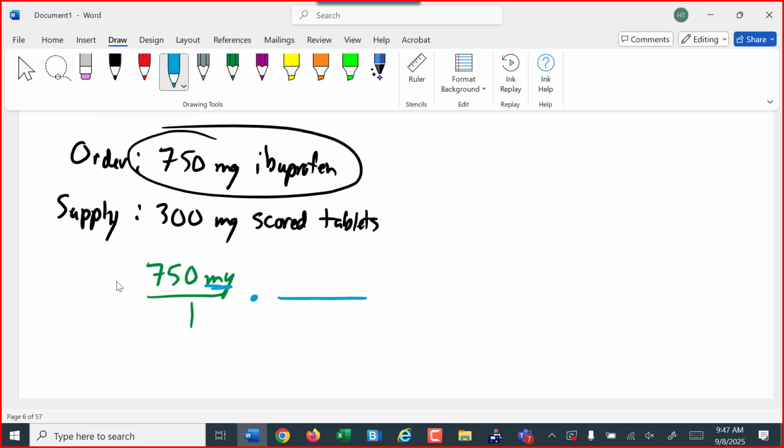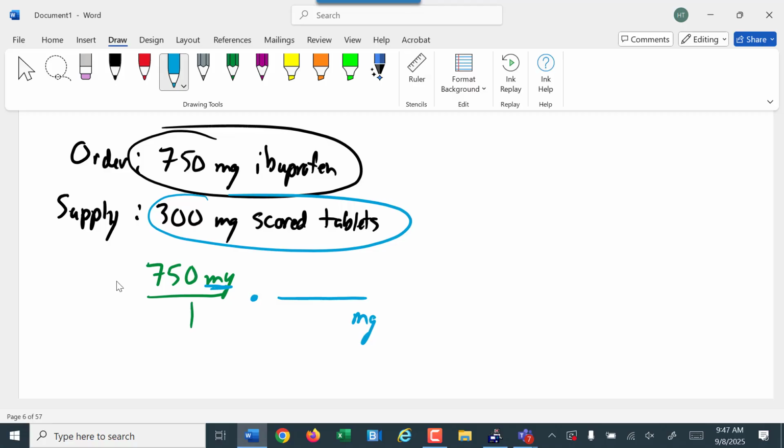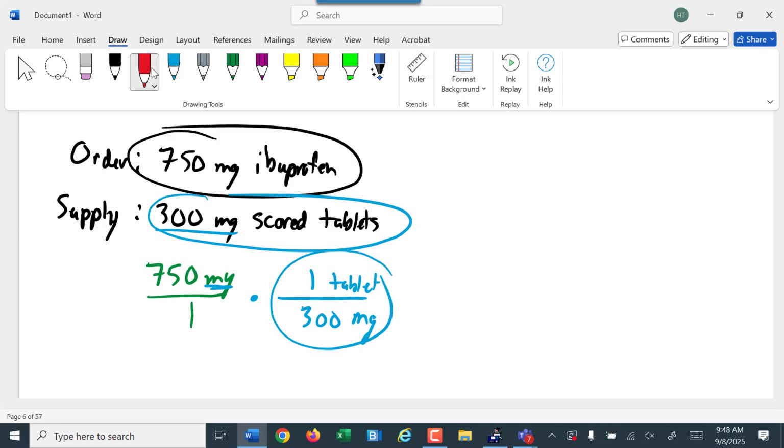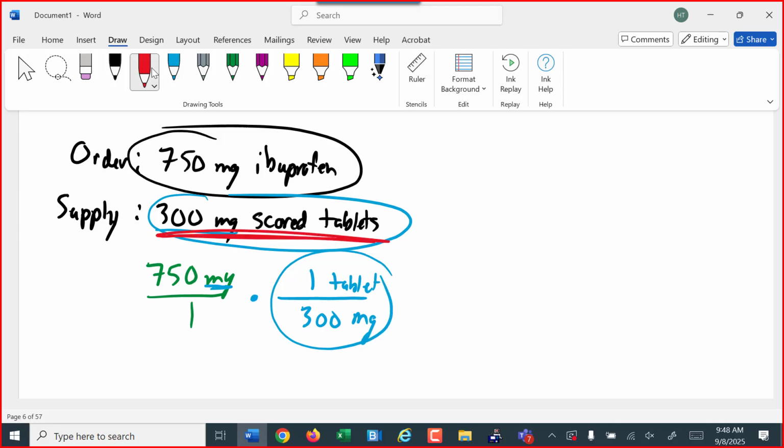Now, since I have milligrams here, I want to put milligrams on bottom so they cancel out. Here I have 300 milligrams per 1 scored tablet, or just 1 tablet. Again, these go together because they're describing the label on the supply.